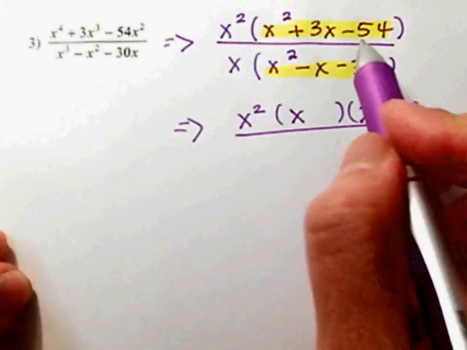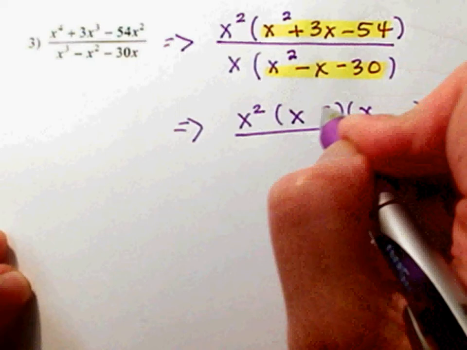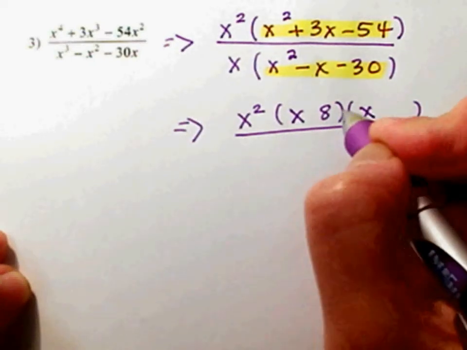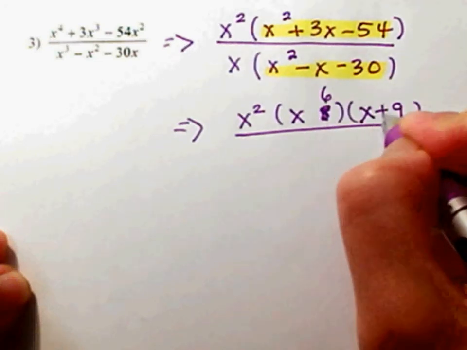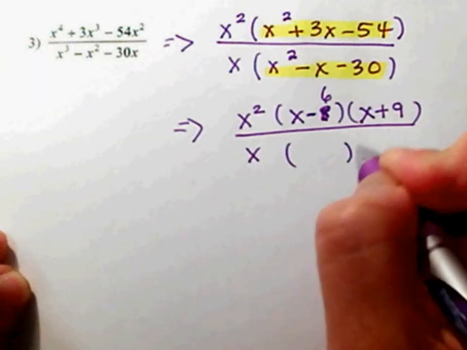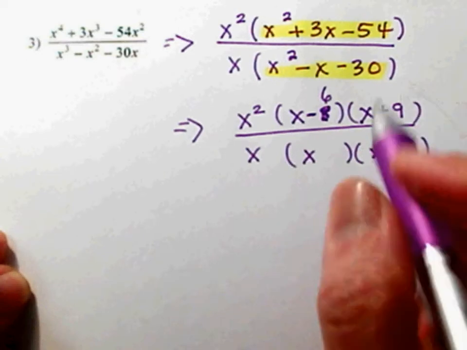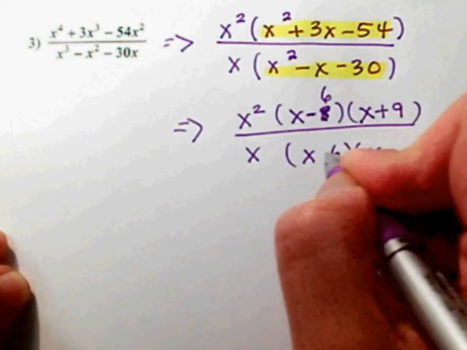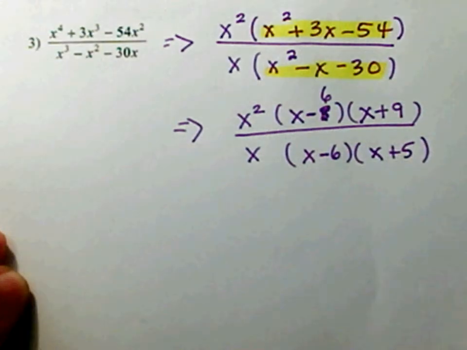What two numbers multiply to give you negative 54, and subtract to give you 3? 6 and 9. That'll be positive, that'll be negative. Factor out your x, draw two sets of parentheses. Factors of x squared, x and x. Two numbers multiply to give you negative 30, subtract to give you 1. Negative 6, positive 5.